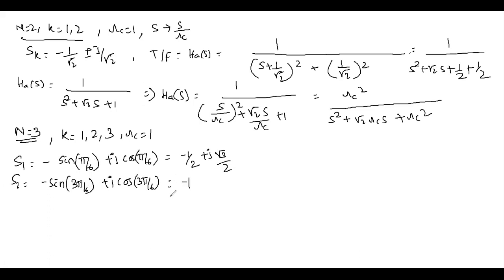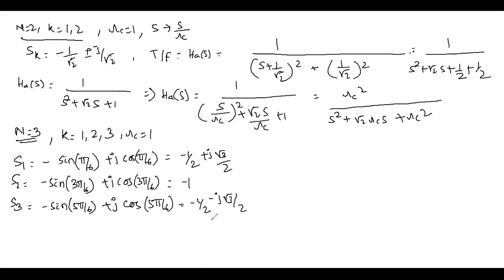The answer is minus 1 because cos pi by 2 is 0. Then what is S3? Minus sine, now 3 means 5, 5 pi by 6, plus j cos of 5 pi by 6. Then the value is minus 1 by 2 minus j root 3 by 2.